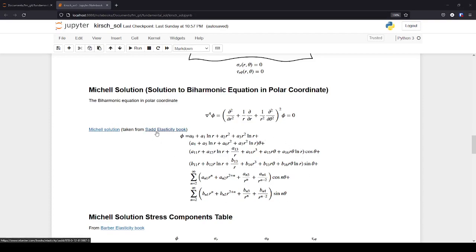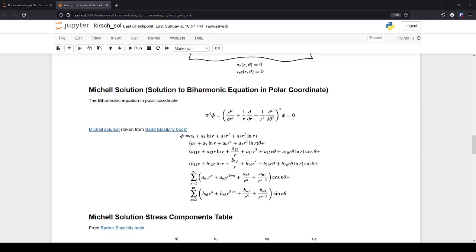I got this from Sadd's Elasticity book, but you can find it in any other elasticity book. If you plug this phi, this potential function, into this biharmonic equation, it will satisfy the equation and it becomes 0. But we cannot select all of these terms because some of them are redundant and we need to get rid of them. So we're going to select the proper terms.